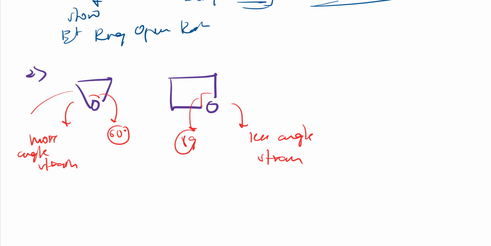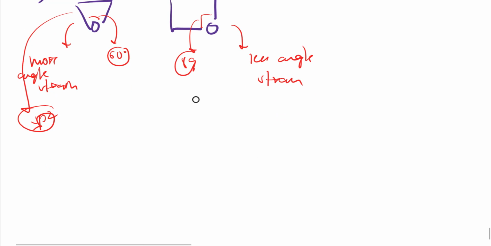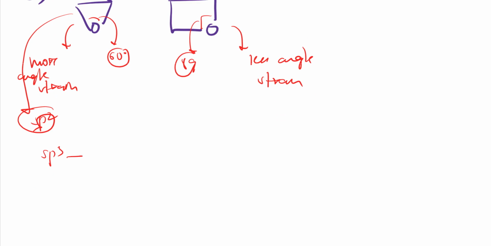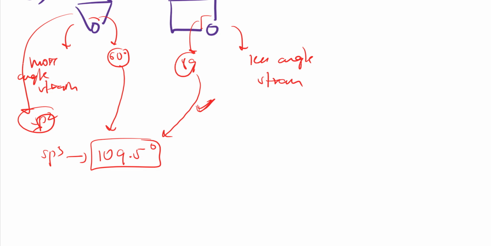In the chemical reaction it acts as sp2, but actually it is sp3, so the sp3 bond angle we know is 109.5 degrees. So 60 degrees and 109 degrees, and 90 degrees and 109 degrees, so this one is nearer and the angle strain is less. Here it is 60 degrees, and to reach 109 degrees it is very far away.